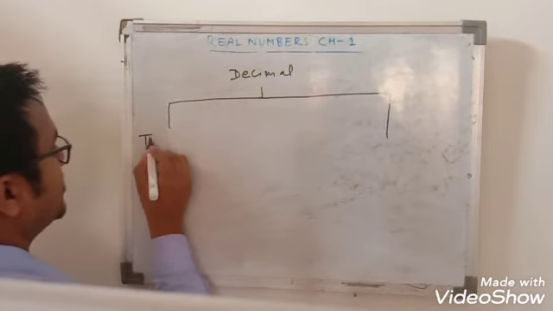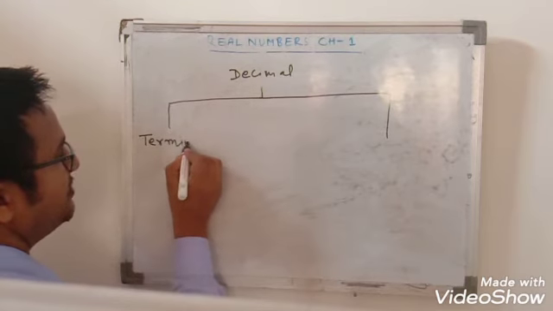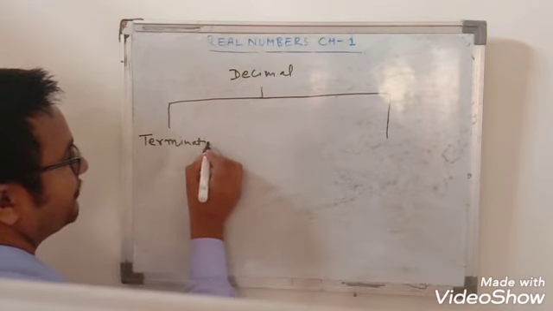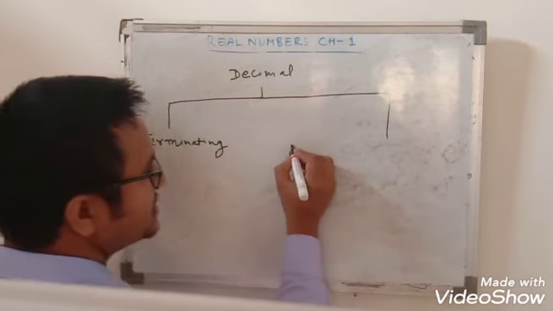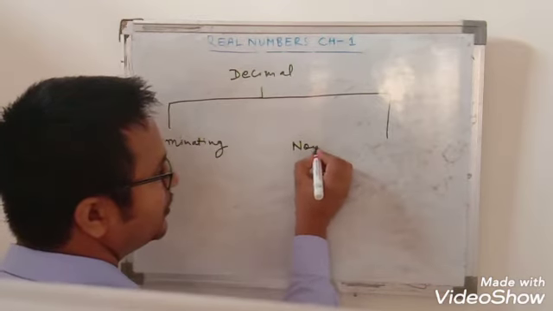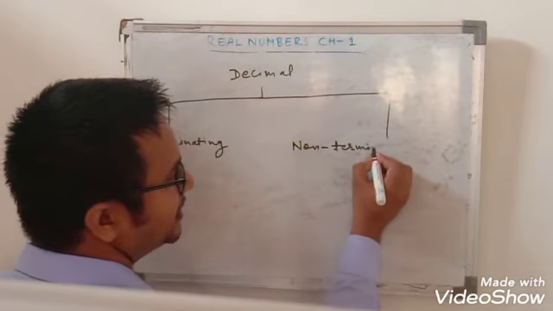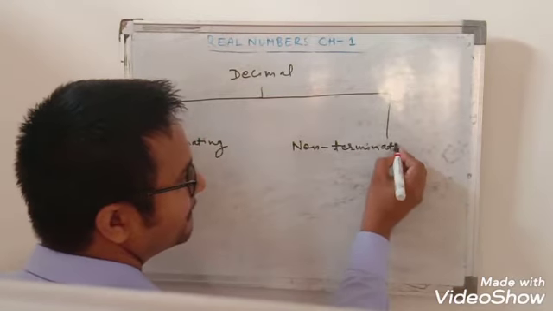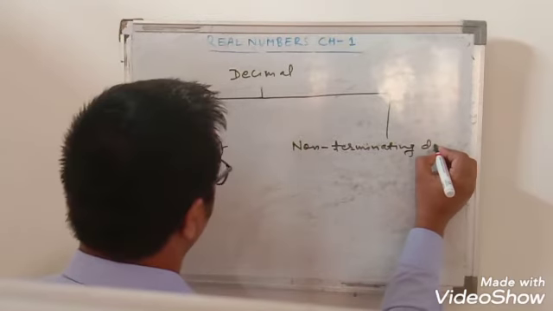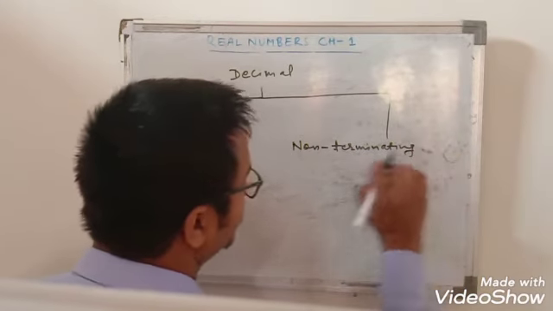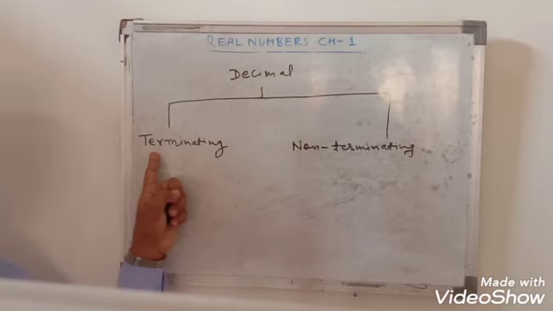This is terminating decimal, and this is non-terminating decimal. So all terminating decimals are rational numbers.